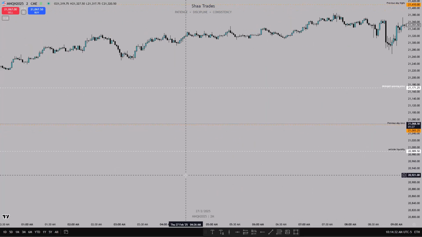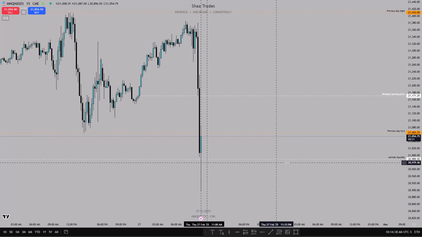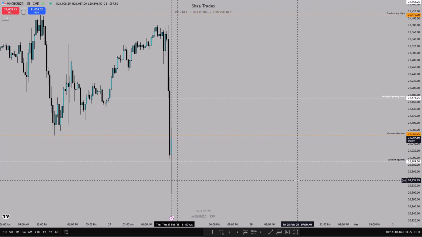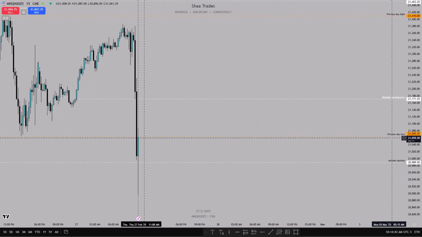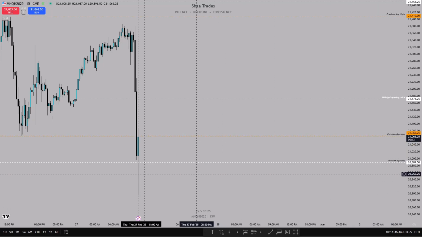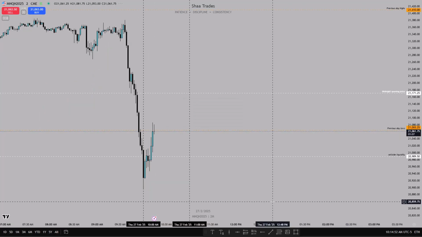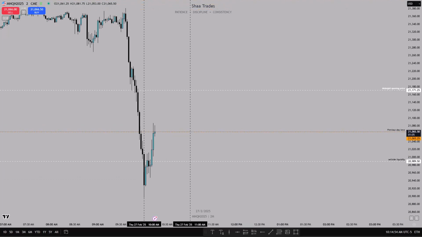Let me check. Tuesday. So that was Tuesday's low. Sorry. I'm gonna start labeling these. So whenever I have previous day's lows, which is yesterday, and then Tuesday's low, I'll just have it as Tuesday's sell side liquidity.